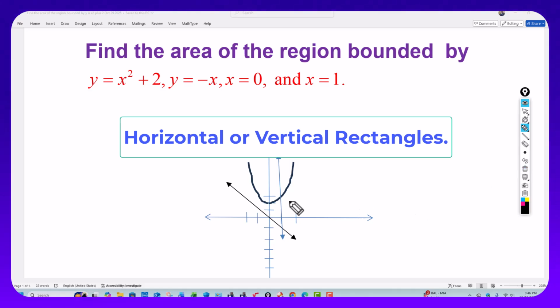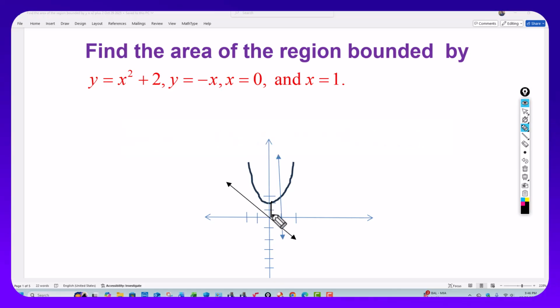Now in this particular case, I'll draw a vertical rectangle, coming down. For the area in these types of problems, we're using the fact that the area of a rectangle is length times width.